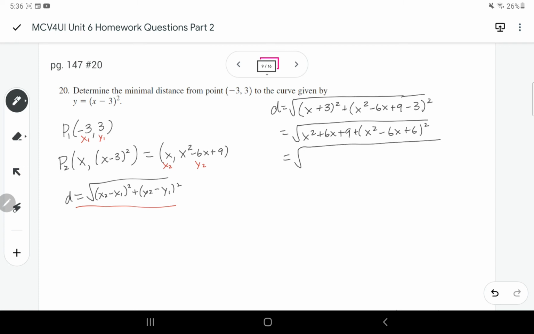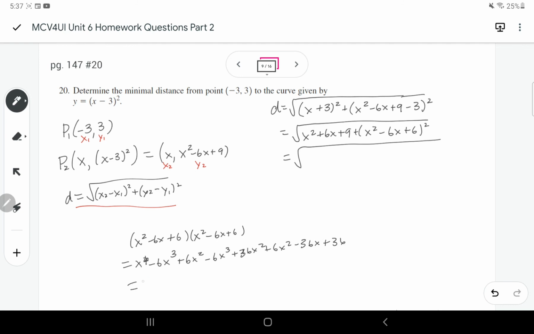I don't know if I'm doing myself any favors here foiling this out, but we will, because I don't necessarily want product rule inside my chain rule. So this is going to be x to the 4th minus 6x cubed plus 6x squared minus 6x cubed plus 36x squared plus 6x squared minus 36x plus 36.